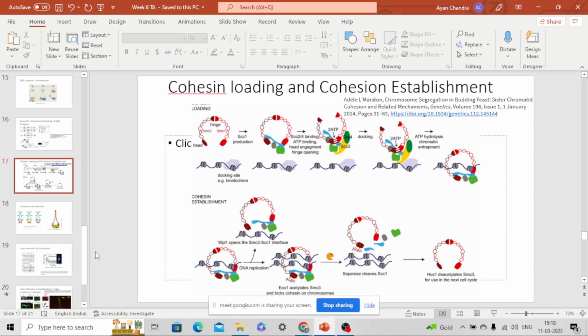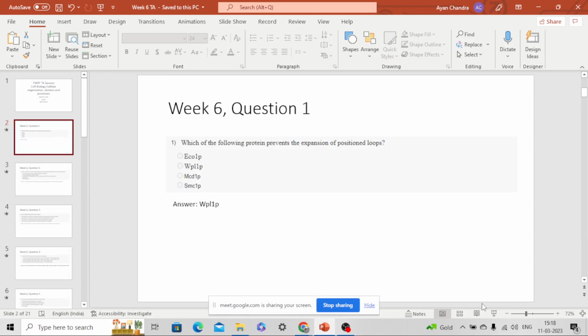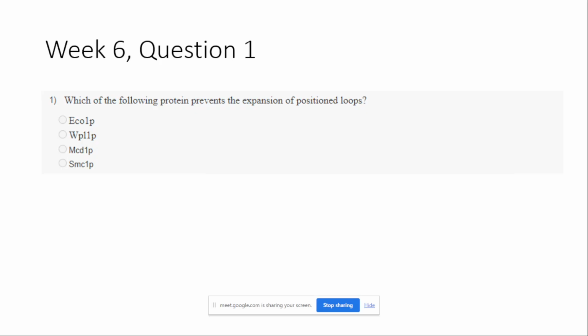So the right answer is WPL1, because WPL1 is responsible for preventing the expansion of the positioned loop, and because of that, cohesin can be deloaded from the chromosome.